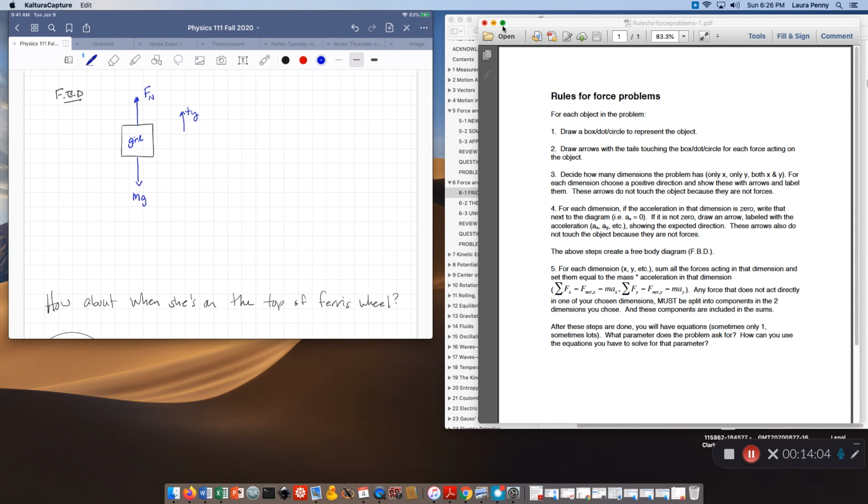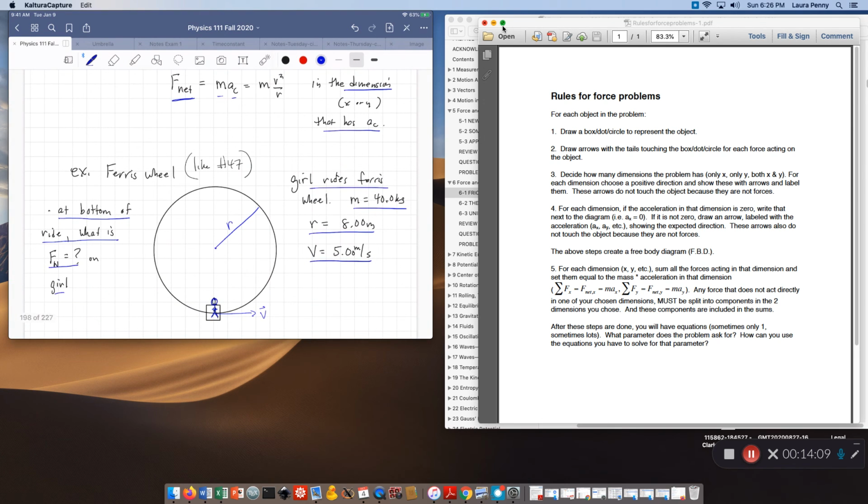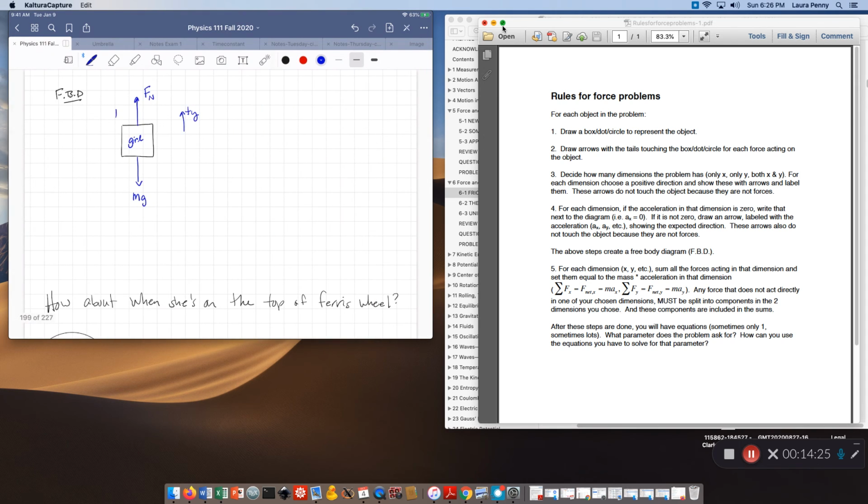Now acceleration, she's at the bottom of this circle, and so she's moving around. So according to my rules above here, she's got an acceleration at that instant which is upward, and that acceleration is a sub c, and so we'll write that over here as well. There's an a sub c, which is her acceleration, which is v squared over r. And so when I do my F net equation, I only need to do F net y.